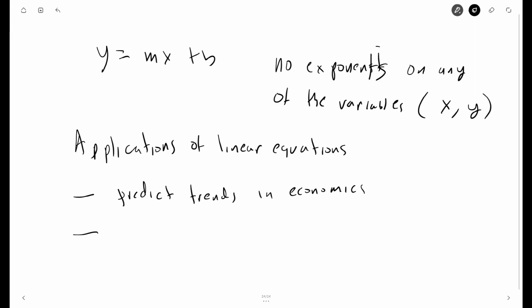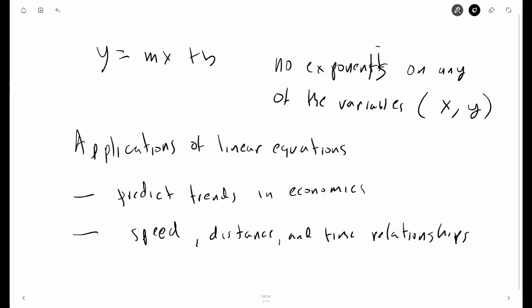You can deal with physics concepts such as speed, distance, and time relationships. And you can use linear equations in statistics for data sets.